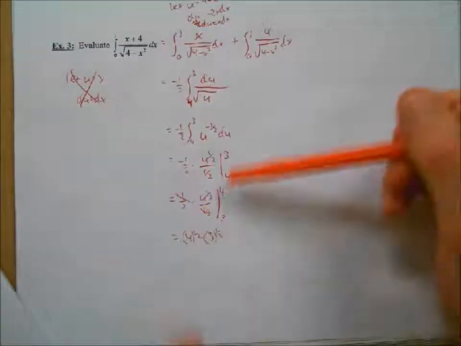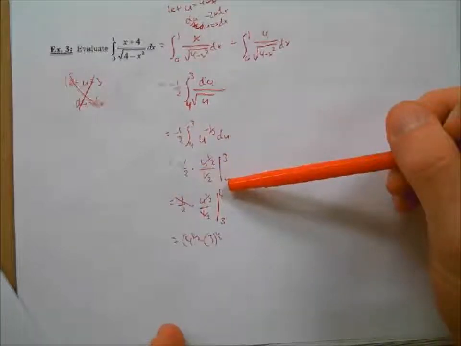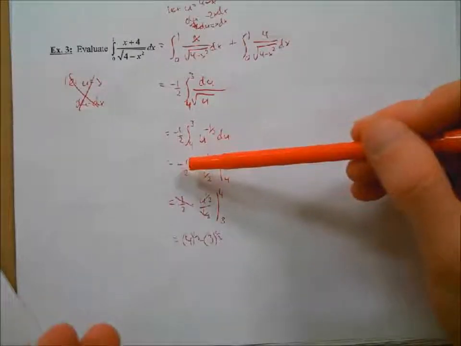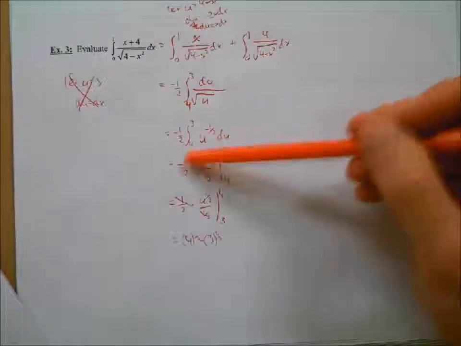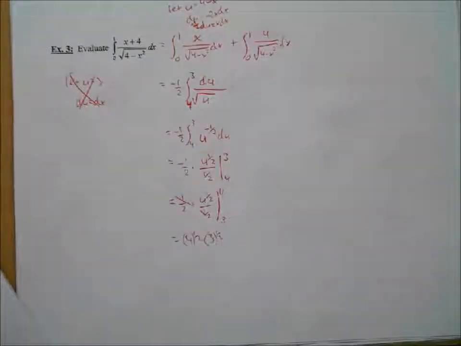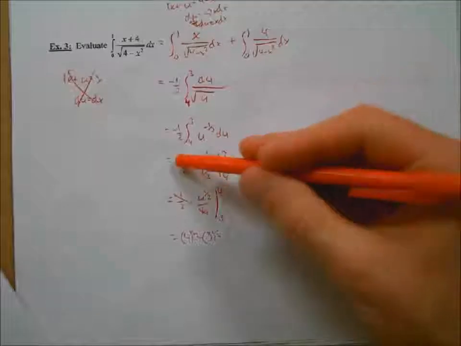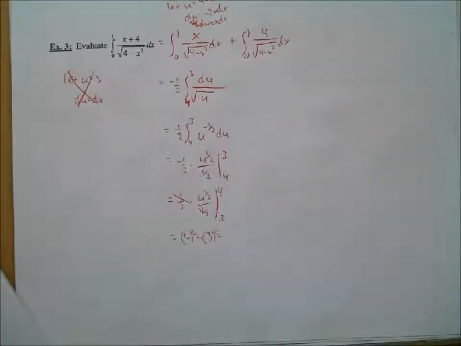You can absolutely evaluate from here and make it negative 3 to the 1/2 minus negative 4 to the 1/2. I just chose to show you that to remind you that you can flip your limits of integration, because every once in a while it can show up on a question on the AP test too. I want to make sure I'm refreshing your memories about these properties. That's all. So you can flip your limits of integration and just get the opposite value for your integral.